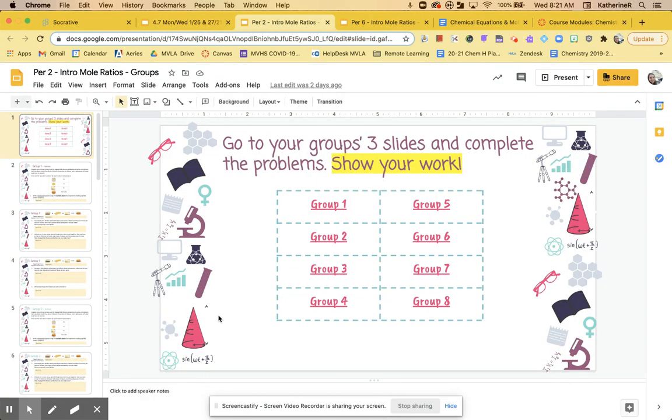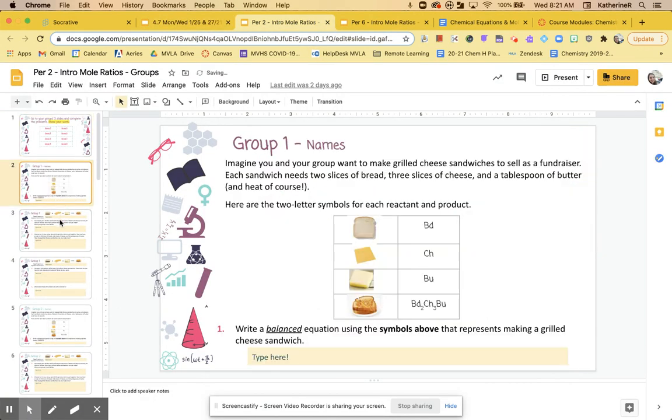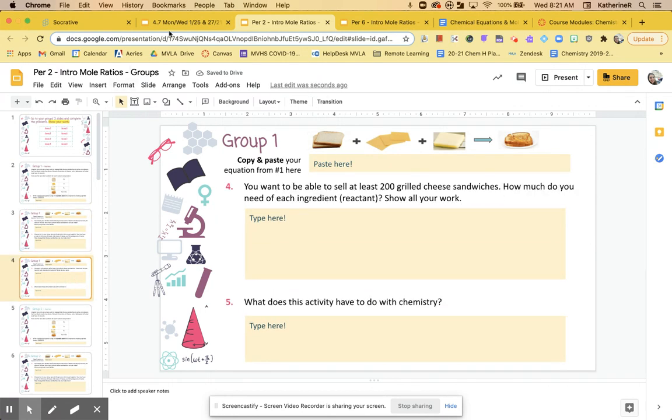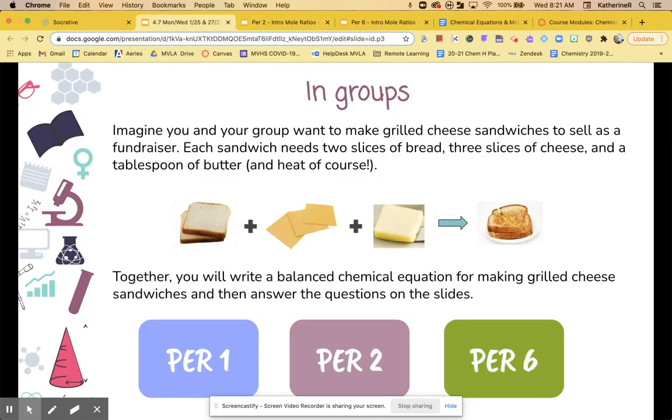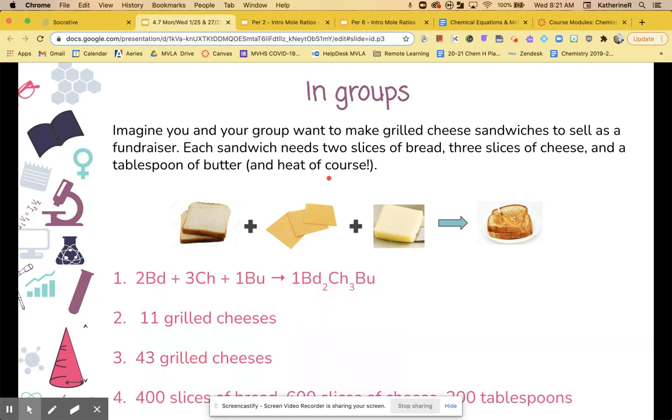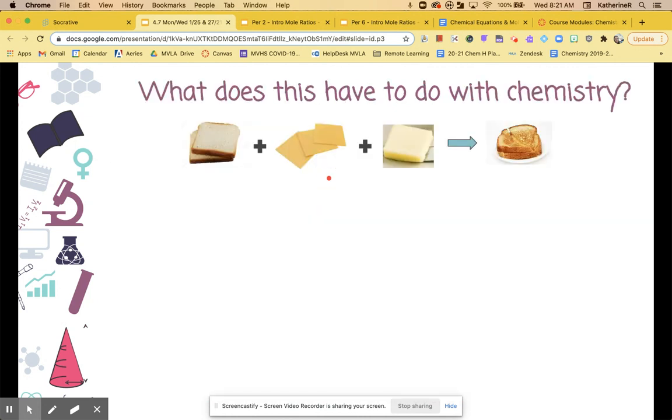Okay, and so you can look through, this is just an intro activity to get us thinking about the idea of relationships and ratios between ingredients and products, or reactants and products. Okay, and these are the answers to that group warm-up.